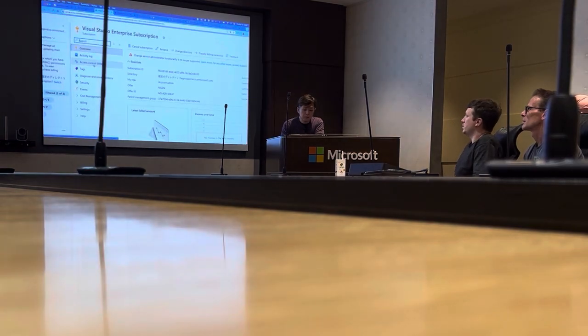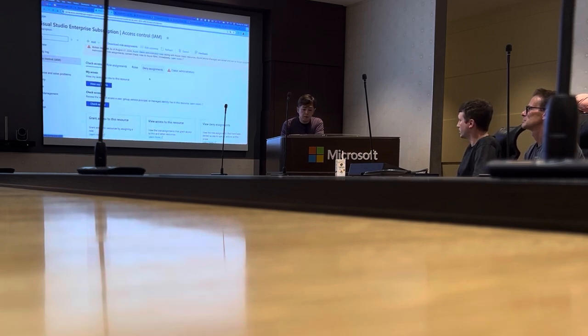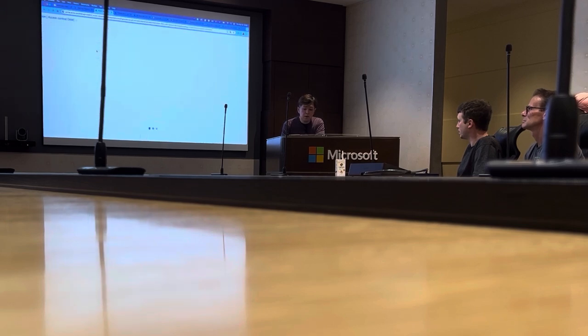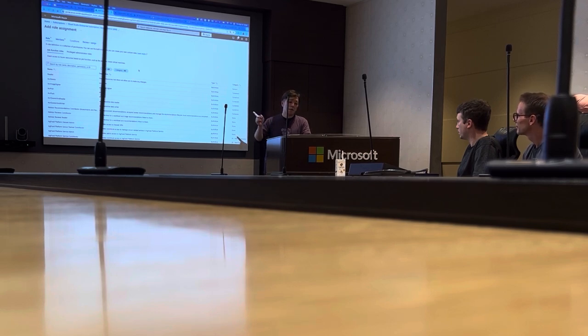So access control, then role assignment, pull down and select the role assignment. This is the difficult point. We need to select the right role from that list as a reader.